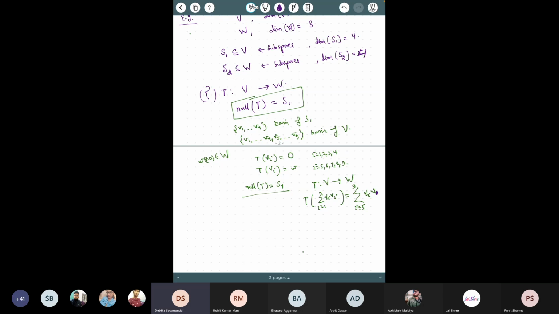Sir, if we take T of Vi equals Wi for i equals 5 to 9, then the Wi should be linearly independent. Then rank of T equals 5 and nullity is 4.